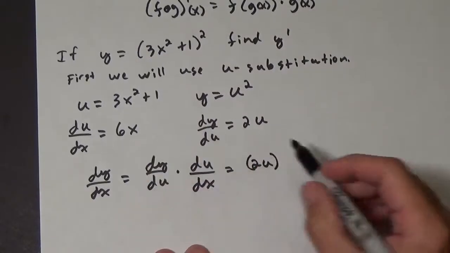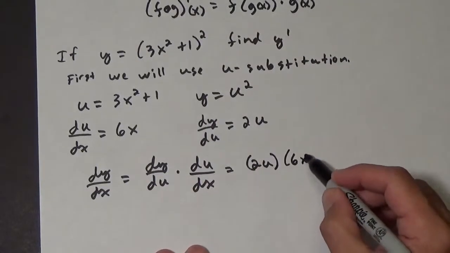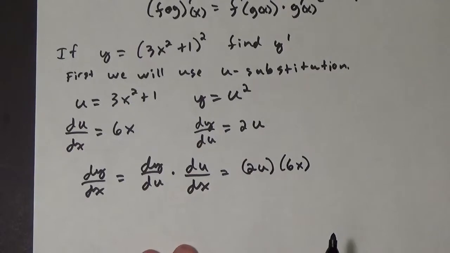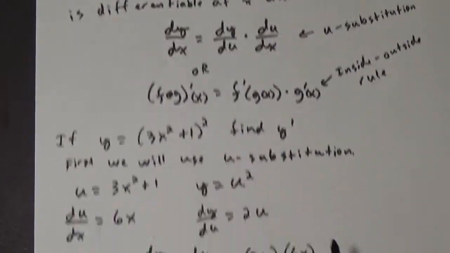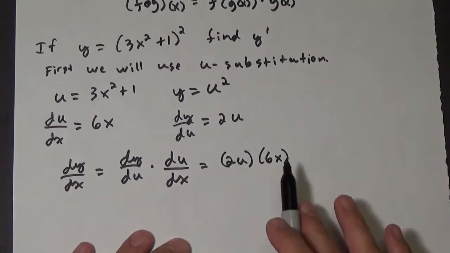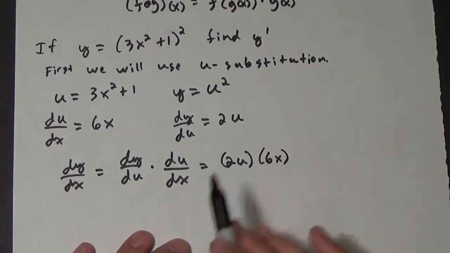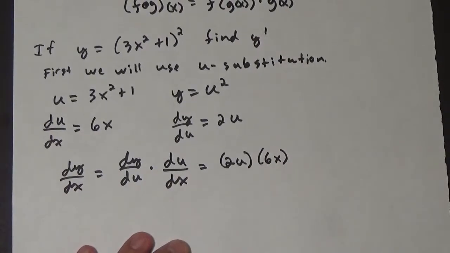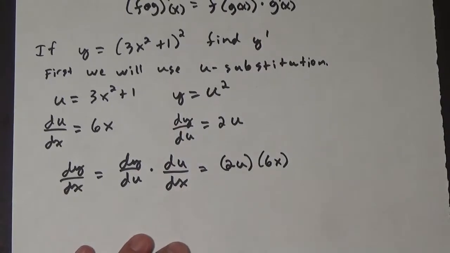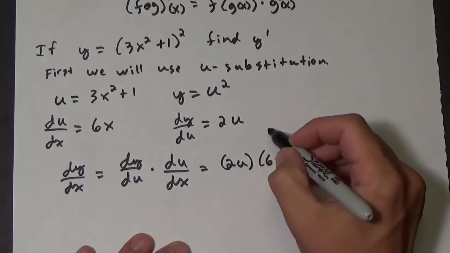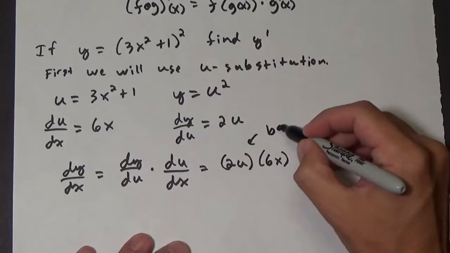Du dx is 6x. Now the original function was in terms of x, and now we have a function that's in terms of x and u, and we don't want that. So we're going to have to use back substitution to put in what's for u.